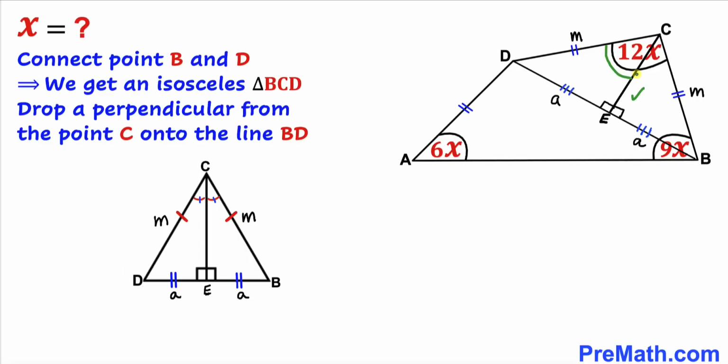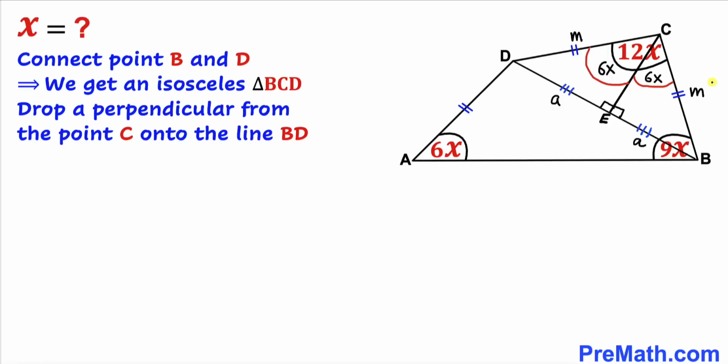The whole angle is 12x, so this is going to be 6x, and this angle is going to be 6x as well. And one more thing, all these side lengths are equal. If these side lengths are lowercase m, then this side length is going to be lowercase m as well.